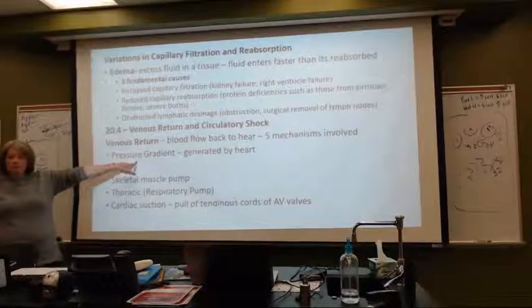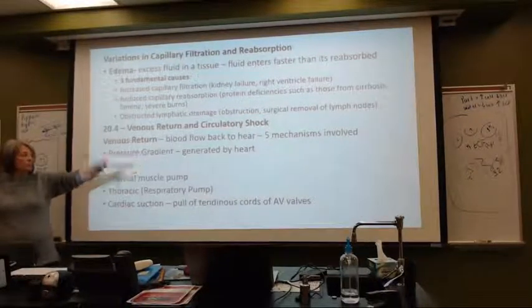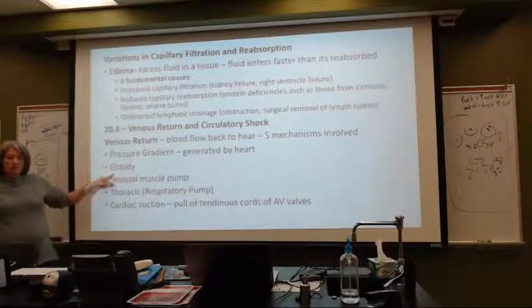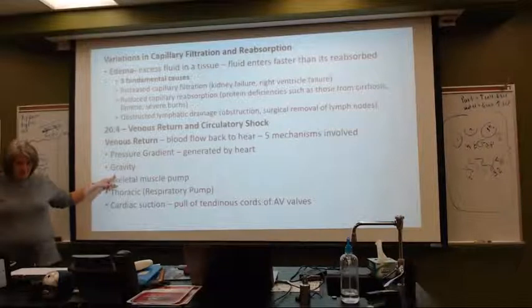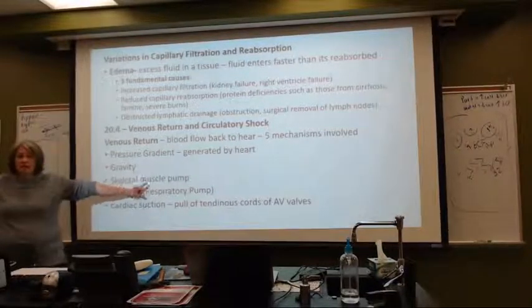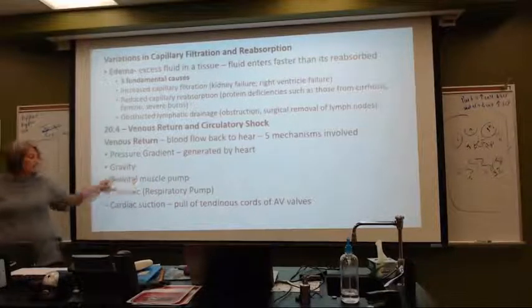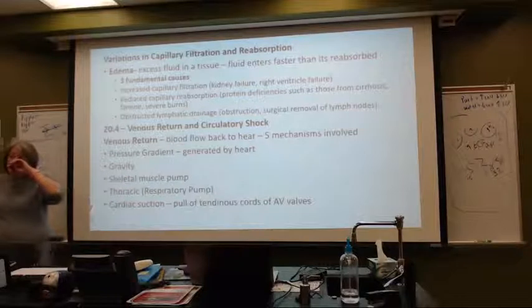We get a pressure gradient, not great, just a little bit from the heart. Gravity definitely works against venous return. We are heavily dependent on skeletal muscle pumps. That's what they call it.